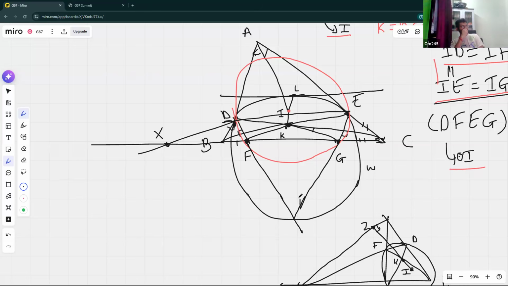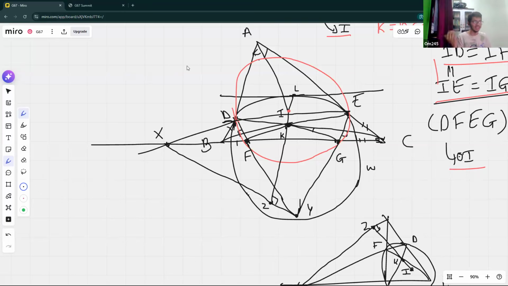Is it necessary to intersect there? Actually, it's not necessary, guys. Call this X, Y and call this Z. We don't have L collinear, but okay.